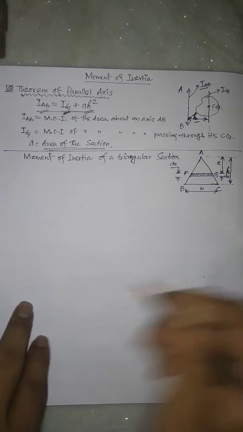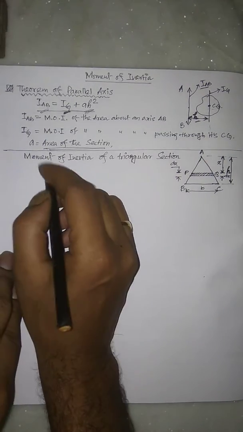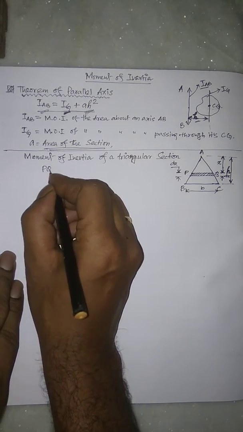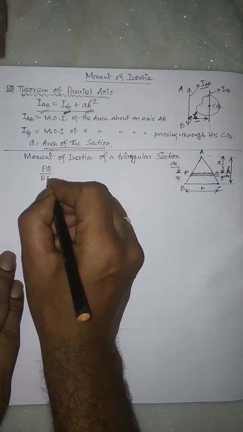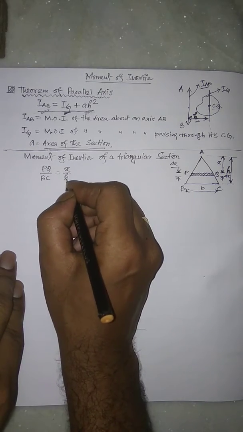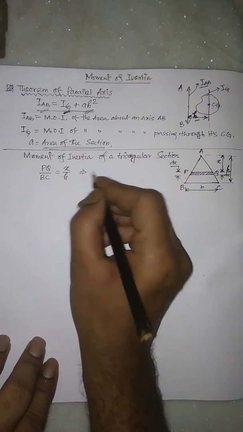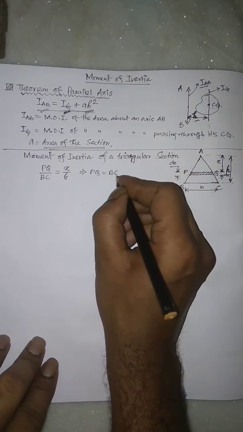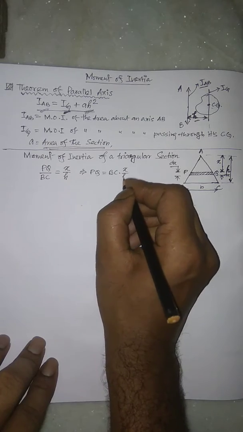Now from the geometry we can write PQ by BC equal to x by h. So PQ is equal to BC into x by h.